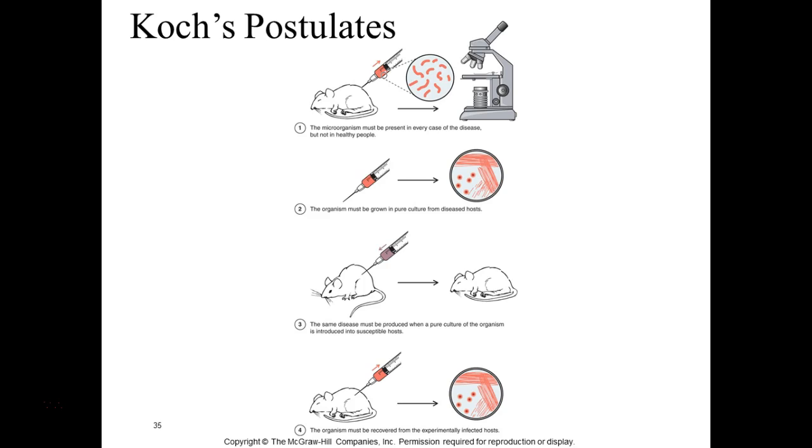So all the ones that had anthrax need to have Bacillus anthracis in them. And then they're going to grow it and isolate and make sure they're dealing with just one bacterial species. So that's when we need those techniques. We need those tools, the plates, the agar, the food.